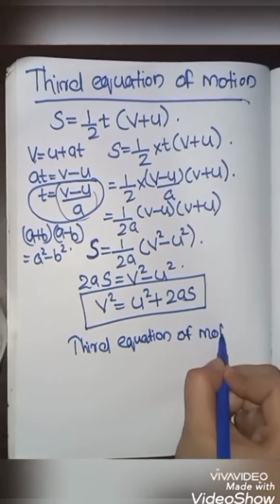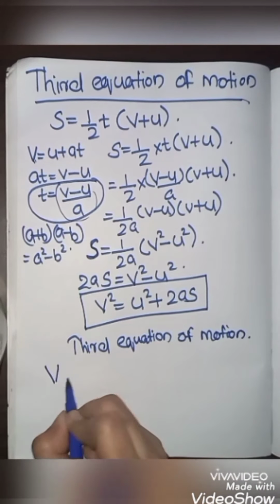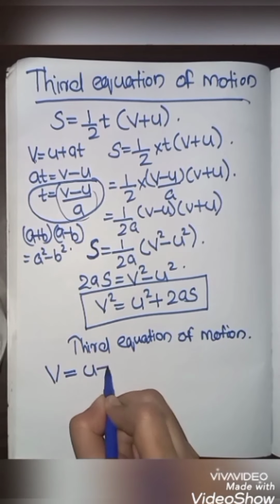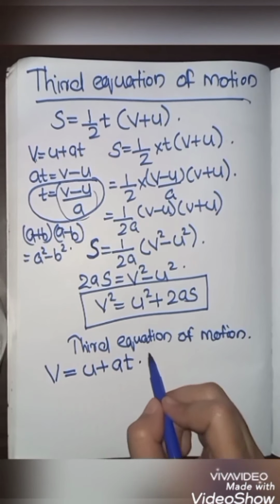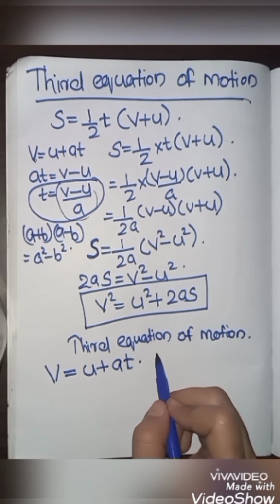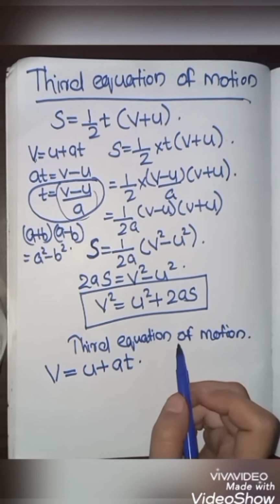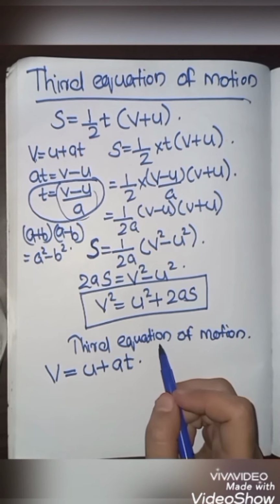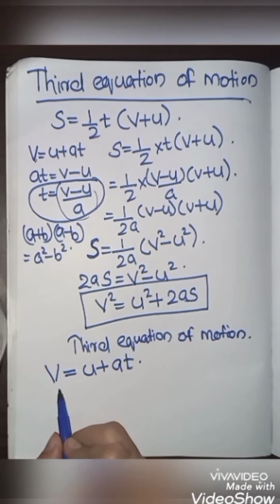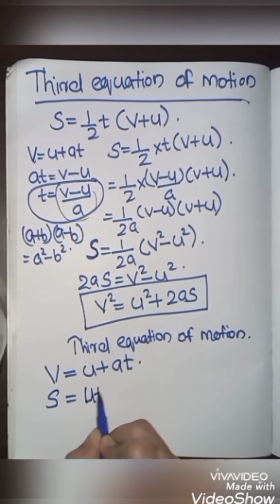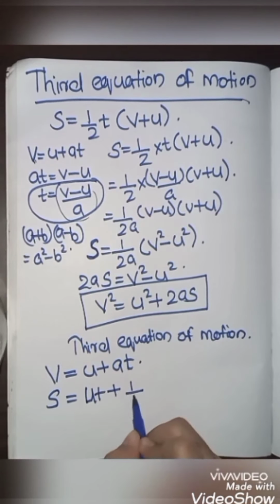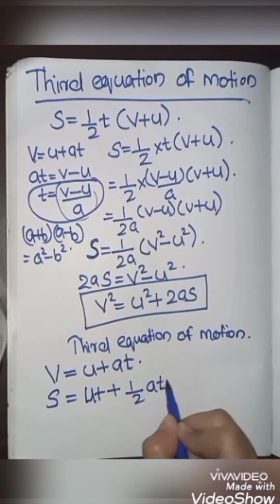Hope you understand this. The first equation of motion is V is equal to U plus AT. Here we calculated it from the velocity time graph, by calculating the acceleration. The second equation of motion is S is equal to UT plus half into AT square.